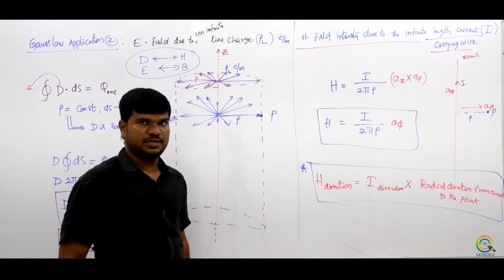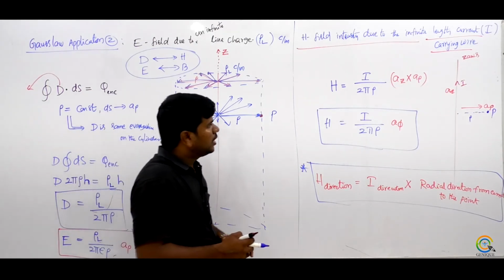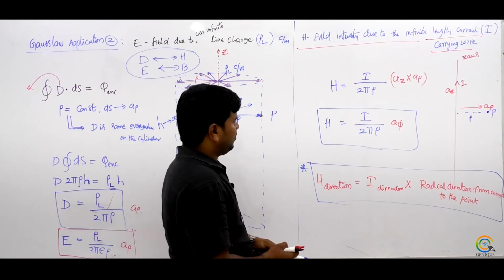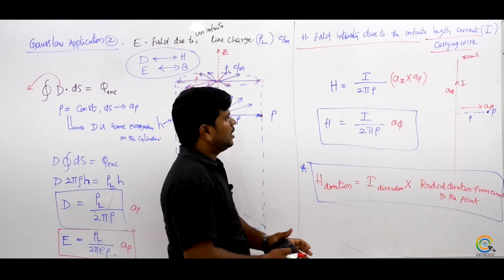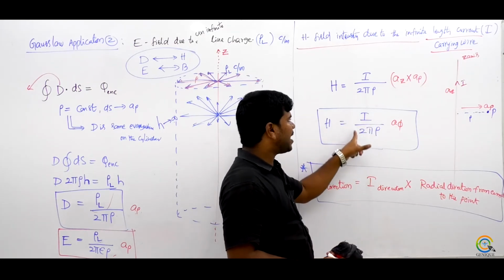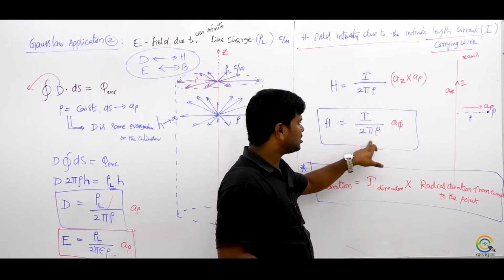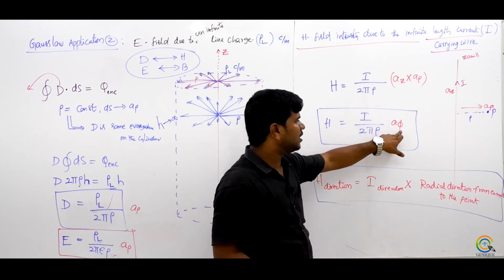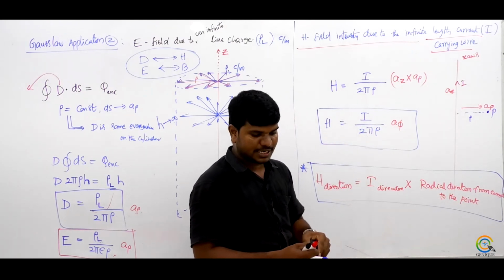So like this you have to compare the electric and magnetic fields, and what are the causes and the effects. Then how can you assume the magnetic field now? You know the a_phi direction. The field strength is this much, but what will be the direction? It will be in the a_phi direction.